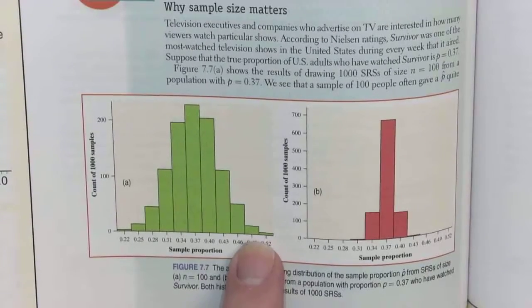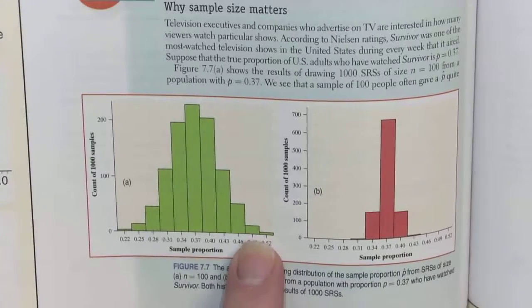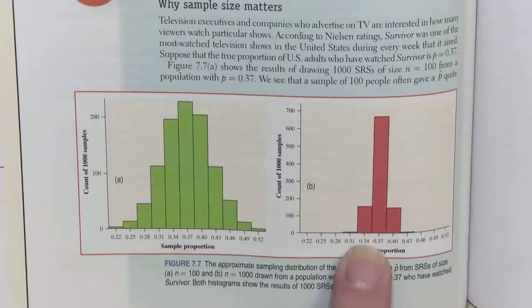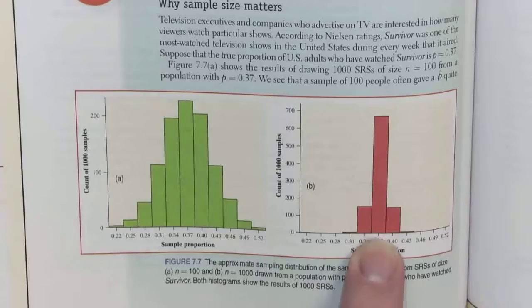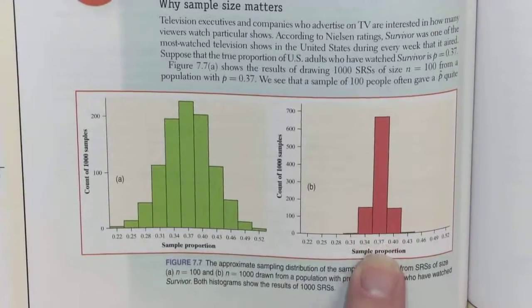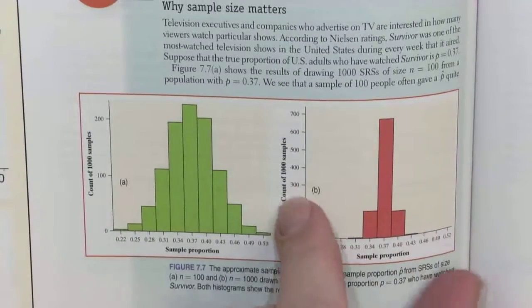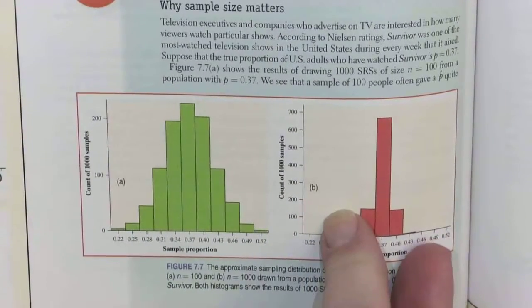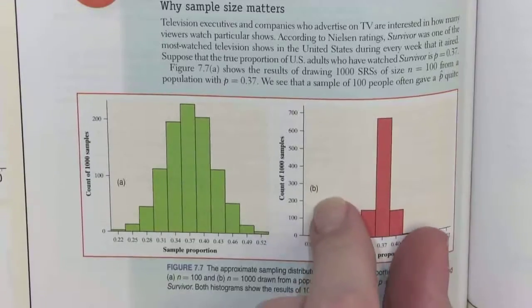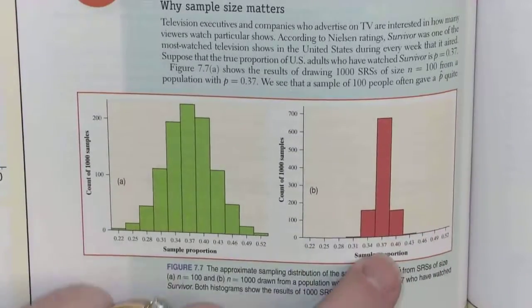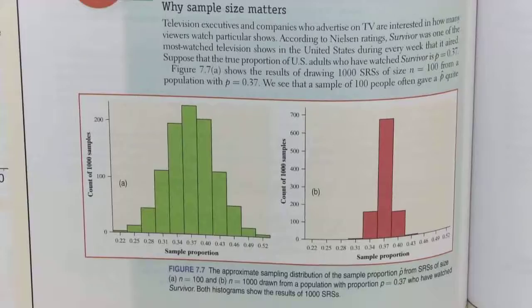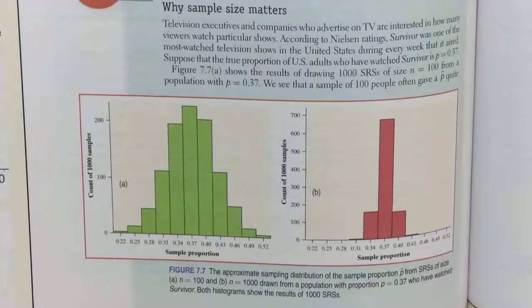But if we make that sample size much larger, 1,000, each one of them being 1,000, we're going to narrow it down. It looks like a tower of something, maybe the Eiffel Tower. It's still centered around 0.37, but the range is much smaller. The greater the sample, the closer it is going to become toward the actual proportion. Okay?